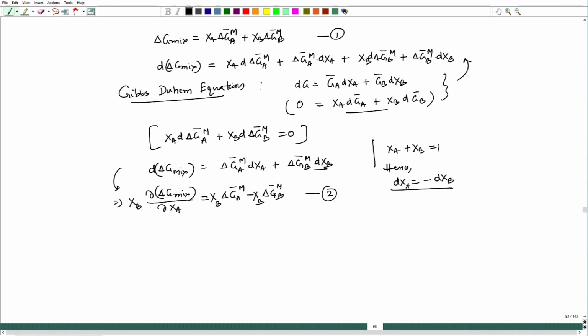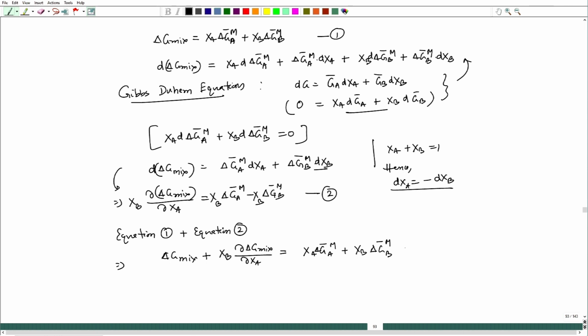Now, if I add equations 1 and 2, that yields x A delta G A bar M plus x B delta G bar M B plus x B delta G bar M A minus x B delta G bar M B. You see these two quantities get cancelled.